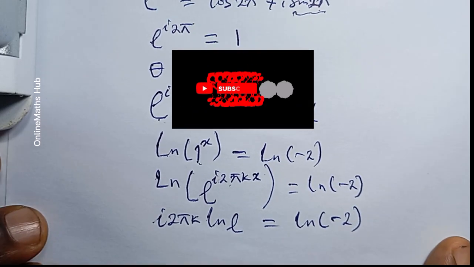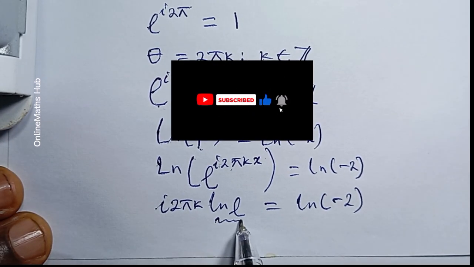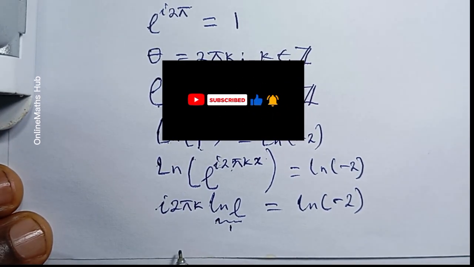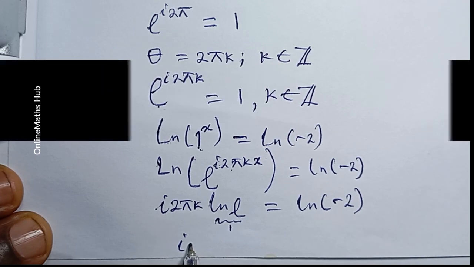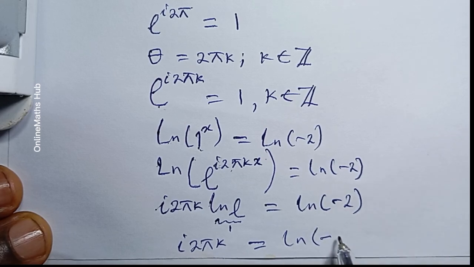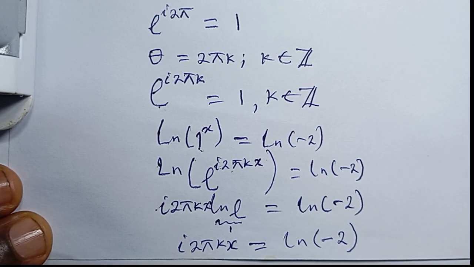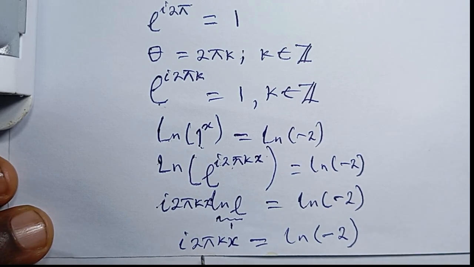At this point you see that the natural log of exponential is equal to 1. So obviously what I'm going to have here is x times i 2 pi k equal to the natural log of negative 2. Sorry, there is an x here, don't miss that. Because we are looking for x, we can divide through by the coefficient of x, which is i 2 pi k.